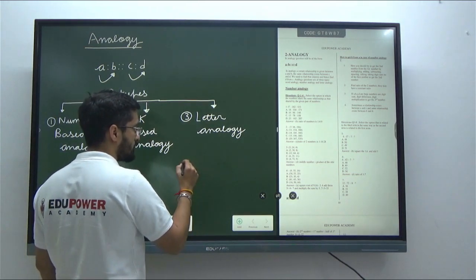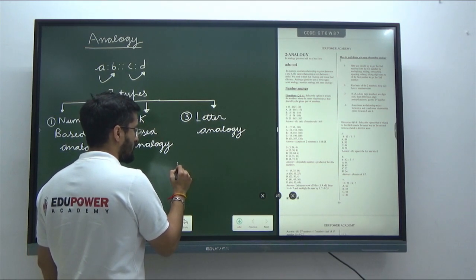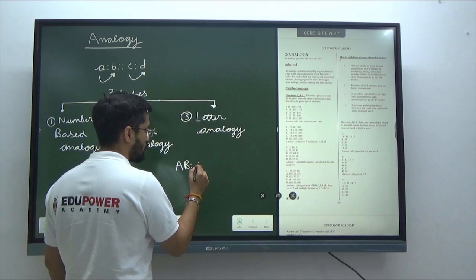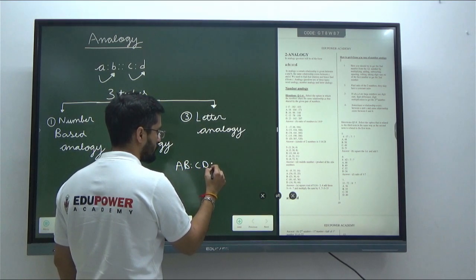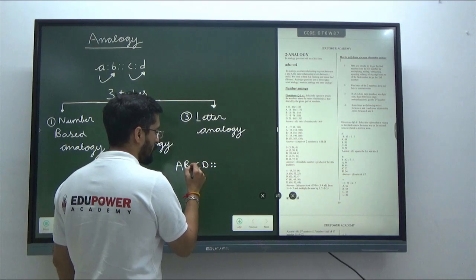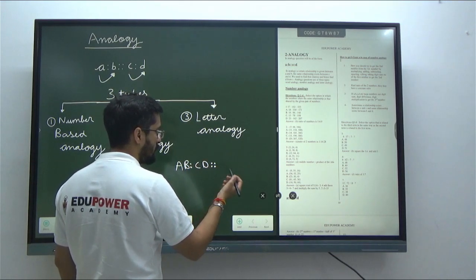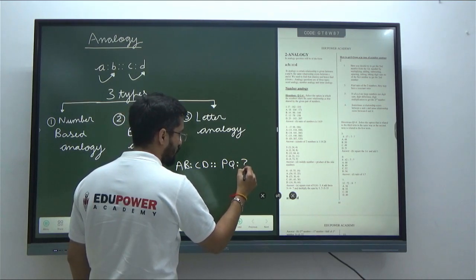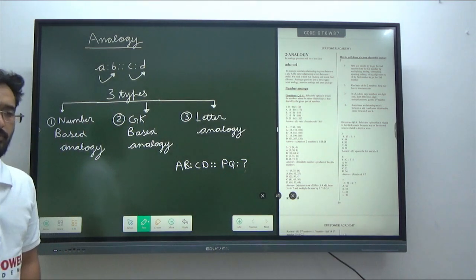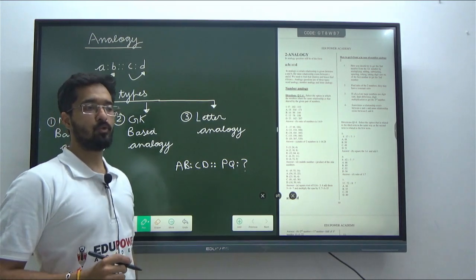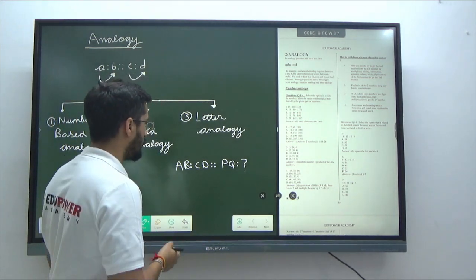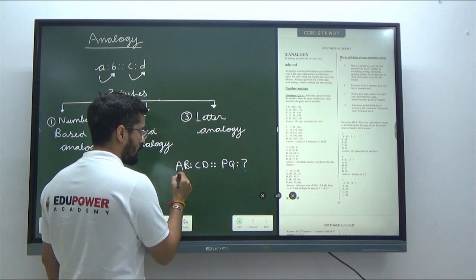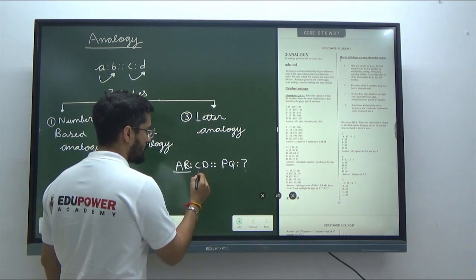For example, if I say AB is to CD, so PQ is to question mark. What we are doing here is, how are we getting CD from AB?